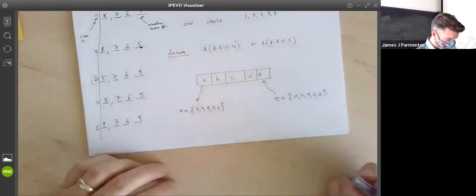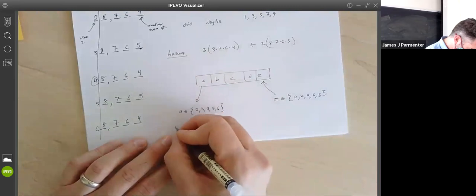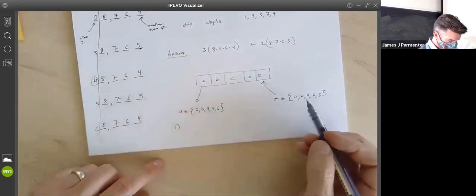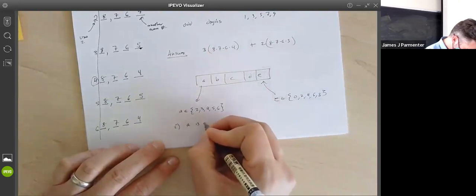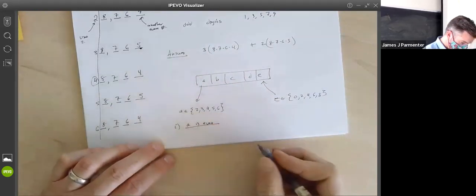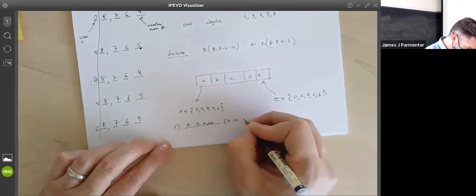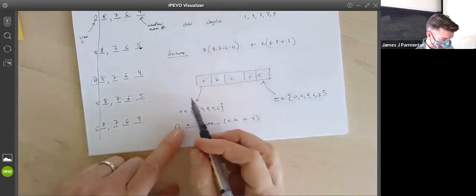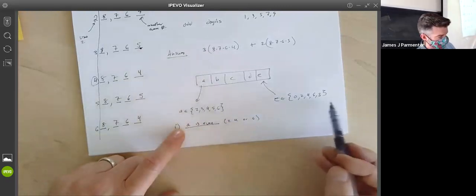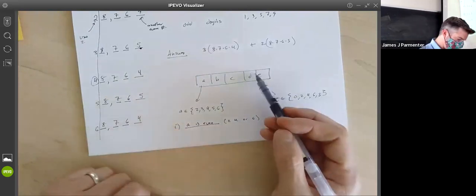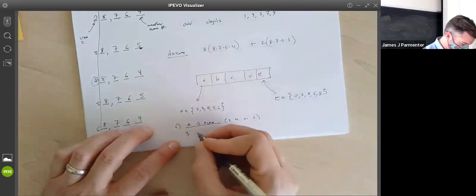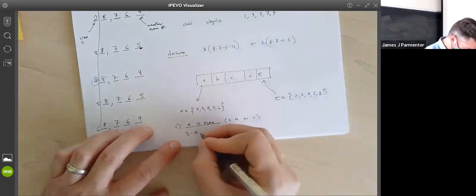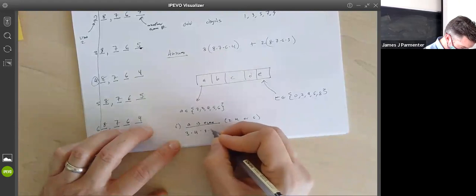And so he considers 2 cases. The first case: what if A is one of these even numbers? So A could be 2, 4, or 6. Well, if A is even, then we've used up one of these numbers over here. So there's only 4 choices, and 8 times 7 times 6. So we're going to have 3 ways A could be even, 4 choices for the last digit, 8 times 7 times 6.